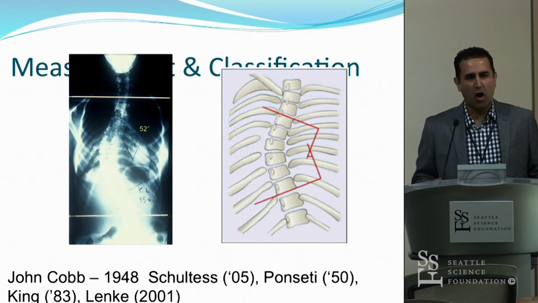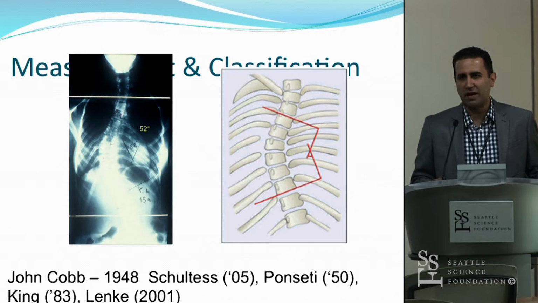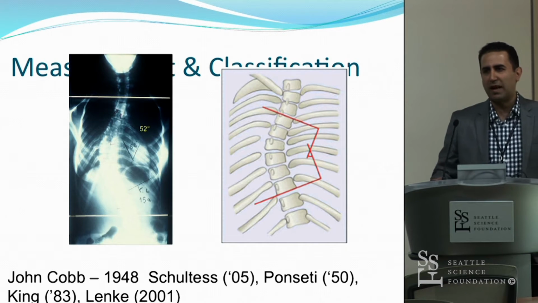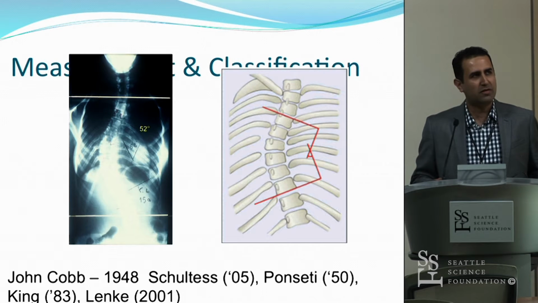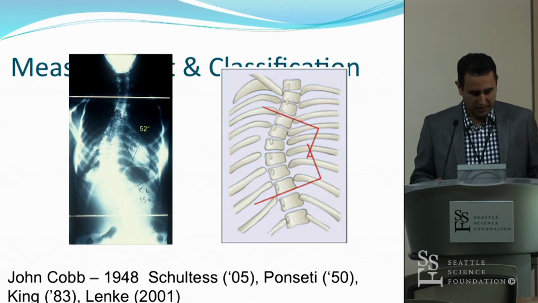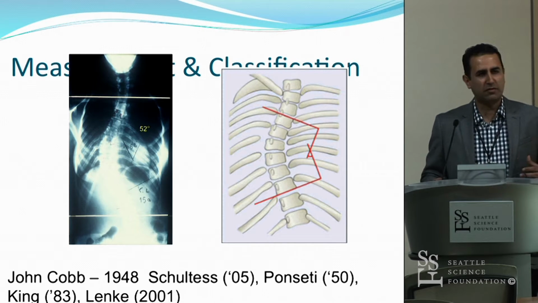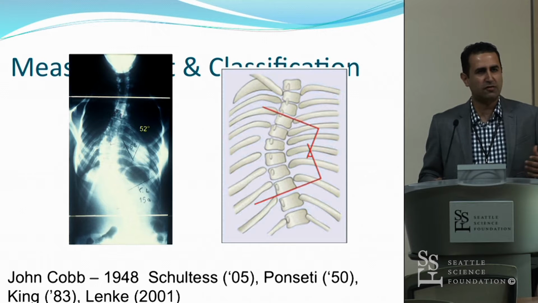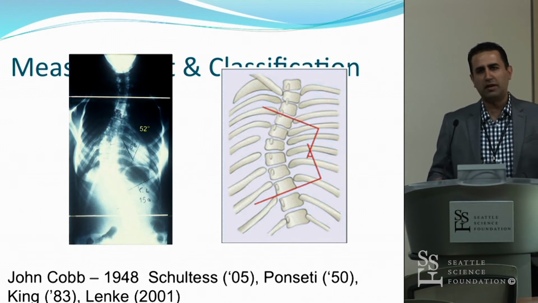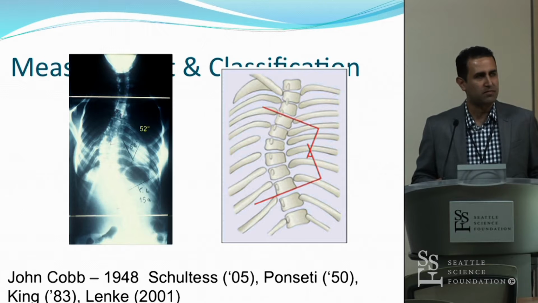Cobb was doing his parameters for scoliosis from the late 40s. And there was a series of other folks all the way up to Dr. Lenke who evolved and progressed with a system of classification for scoliosis and ultimately used that for correction as well.